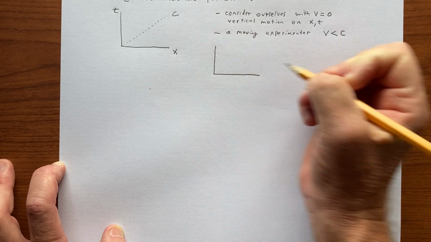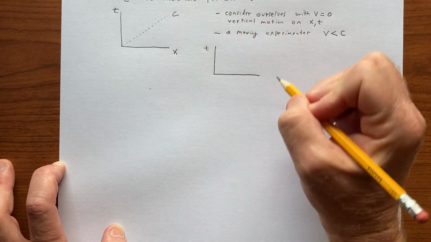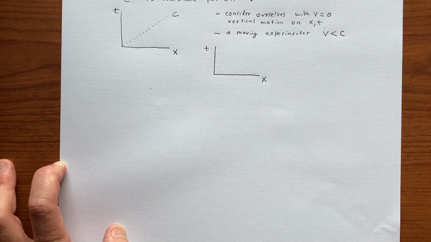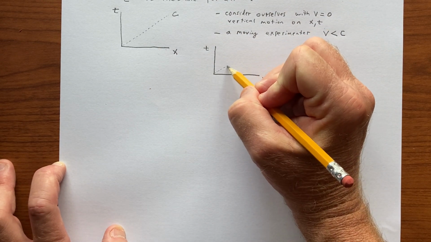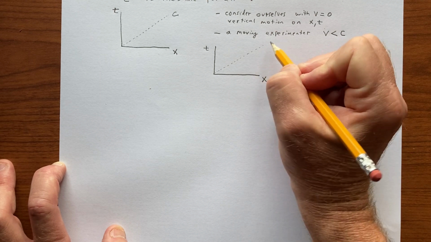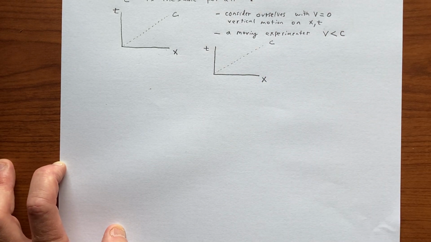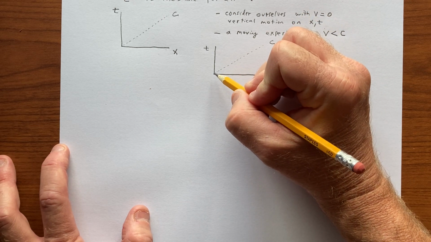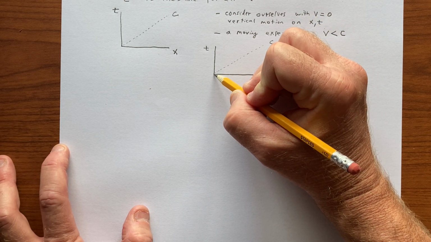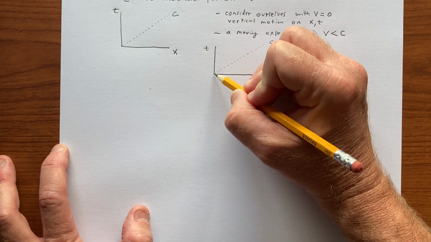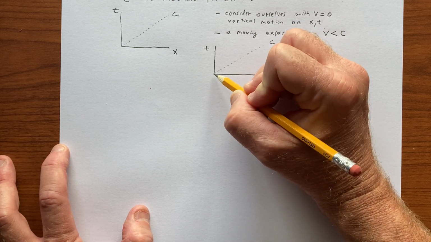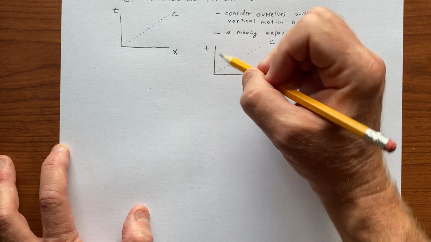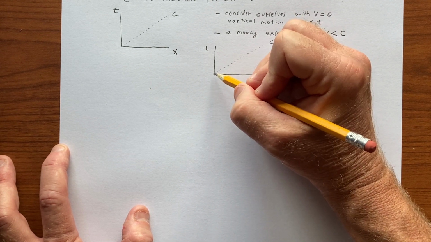So if this is the way we measure time and the way we measure space, and this is the speed of light, then we both start at this point, we both meet up at some location in space at some moment in time, here t equals 0, x equals 0.